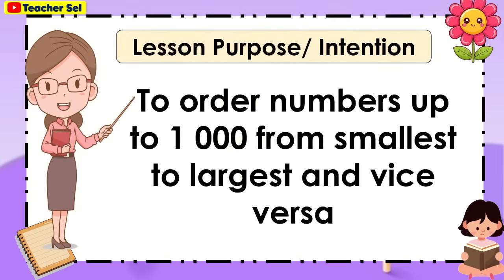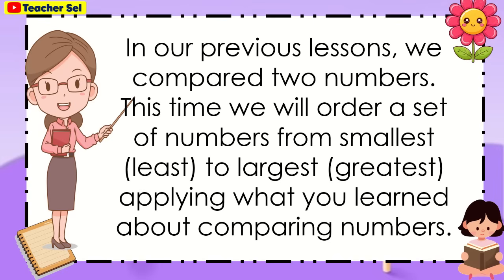For our lesson purpose, to order numbers up to 1000 from smallest to largest and vice versa. In our previous lessons, we compared two numbers. This time, we will order a set of numbers from smallest, least, to largest, greatest, applying what you learned about comparing numbers.